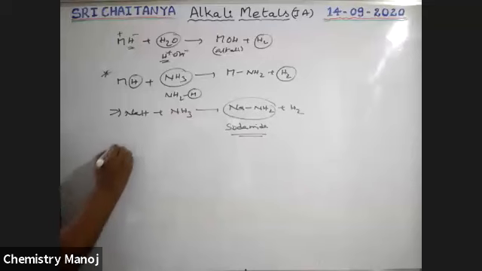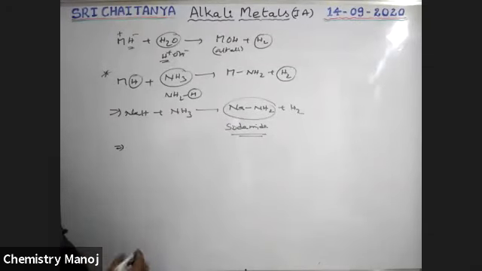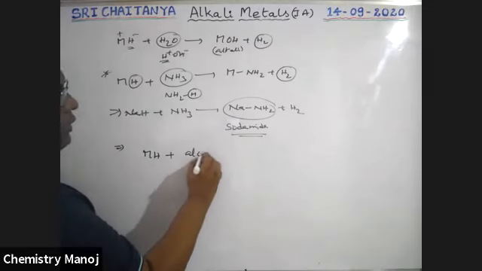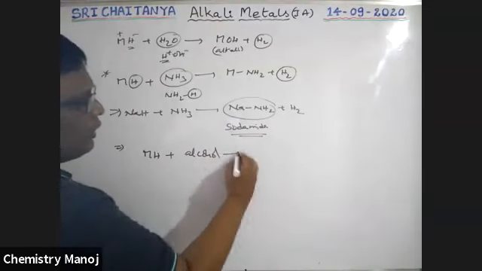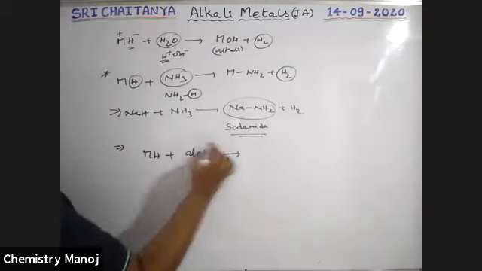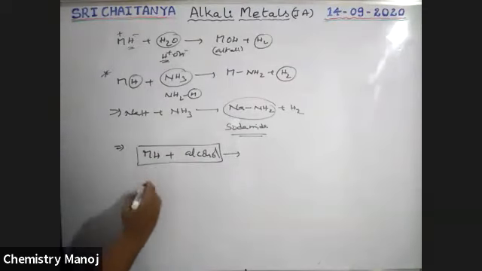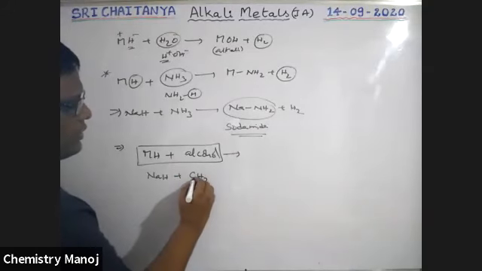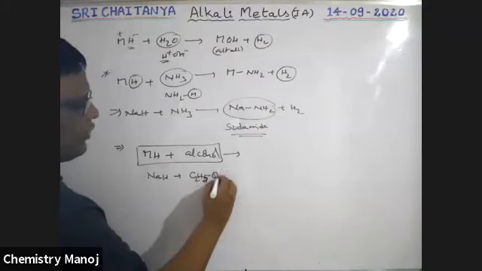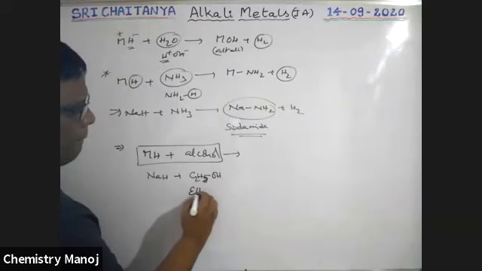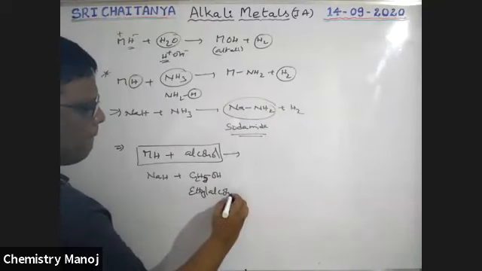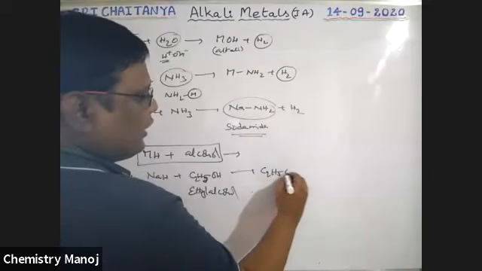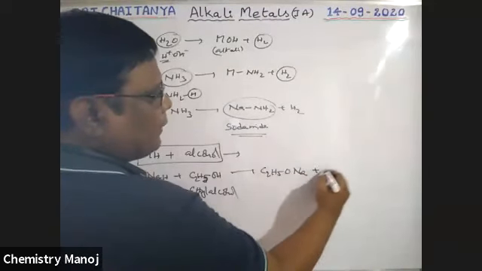Next, when metal hydrides react with alcohol, I'm writing an example, boys. NaH reacts with C2H5OH, ethyl alcohol, and that gives C2H5ONa plus H2 gas.